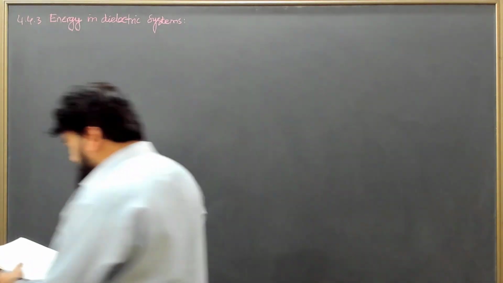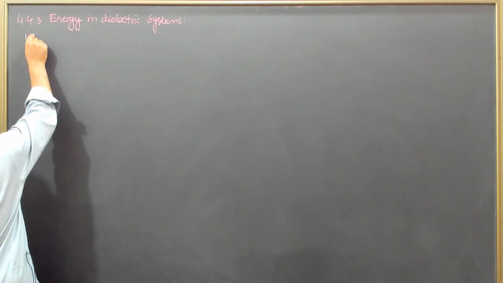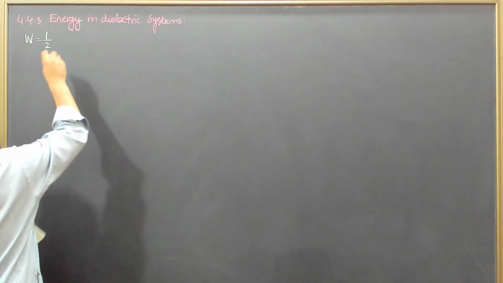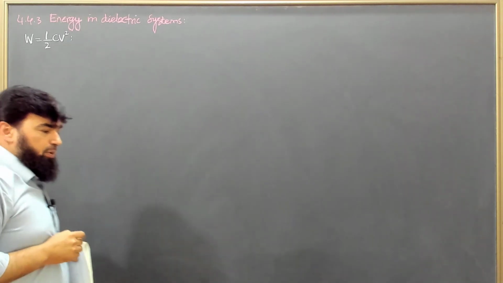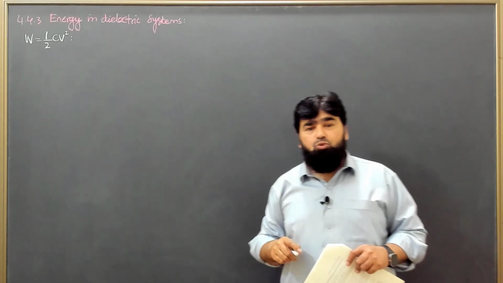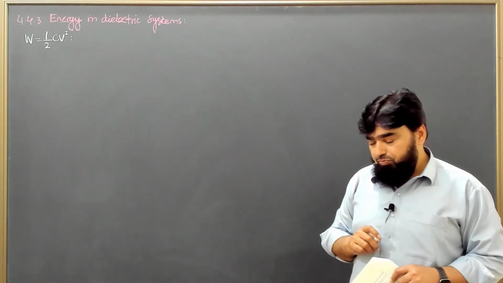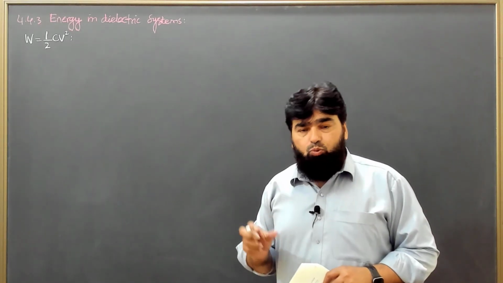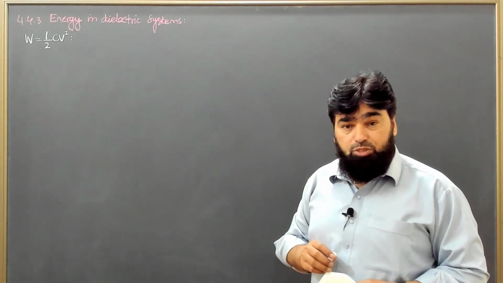So we know from our chapter 2 that the electrostatic work done is half CV squared in the case of a capacitor, where C is the capacitance of the capacitor and V is the voltage which develops across the plates of the capacitor. Now, this is a capacitor without any dielectric material.